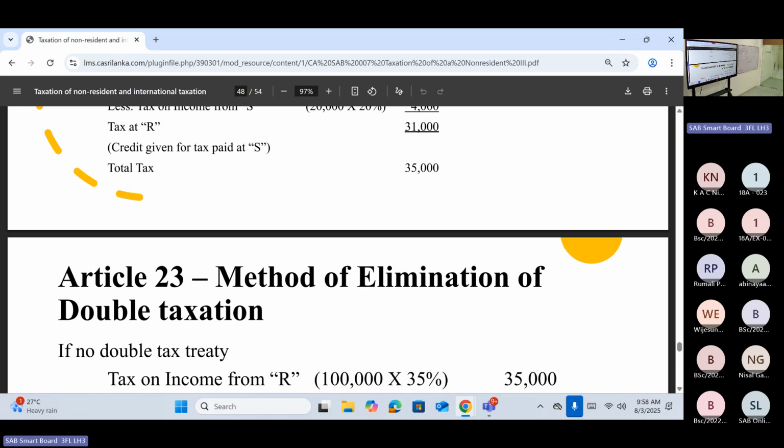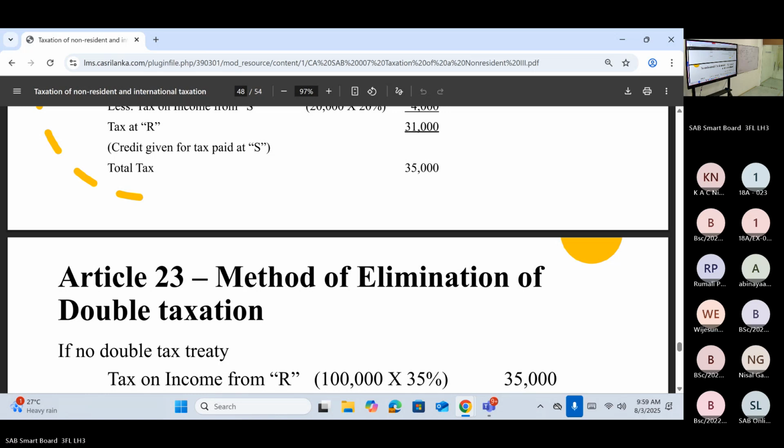The source country tax credit we can claim from the resident country. You know that in the withholding mechanism, under withholding tax in Sri Lanka, if tax is paid on our salary, we can claim the credit. Likewise, two countries are involved: one country is paying, the other country is giving the tax credit for that income.